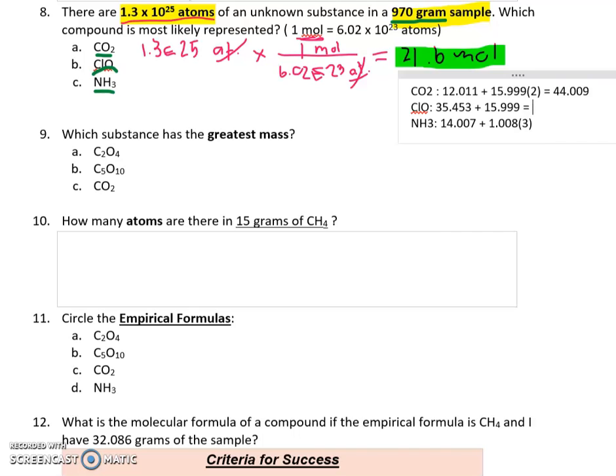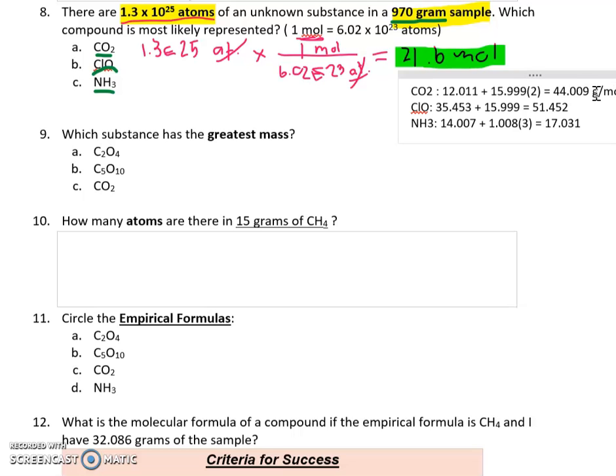It did do the math for me. This is equal to 51.452. And then this one is equal to, oh, I didn't do it there. 1.008 times 3 plus 14.007 is 17.031. Okay. So now I have the molar mass of all of these.